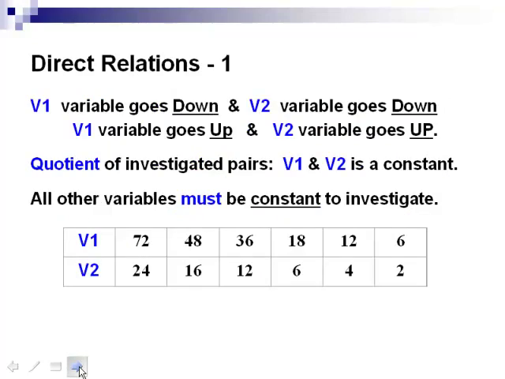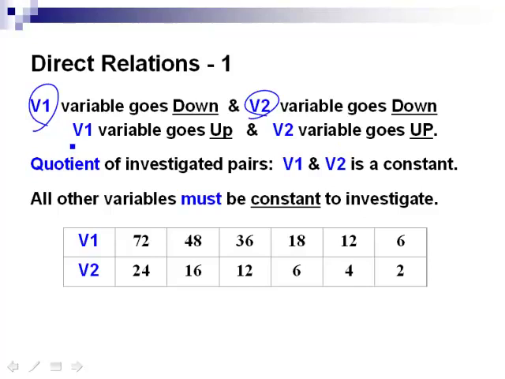Now, we've got a nice simple situation here where we're going to look at the definition and some number pairs. We're going to talk about variables. If variable 1 goes down in value, then variable 2 goes down in value. So that is the definition: if we're looking at two sets of numbers, and one set consistently goes down and the other set consistently goes down, then it looks like they are directly related.